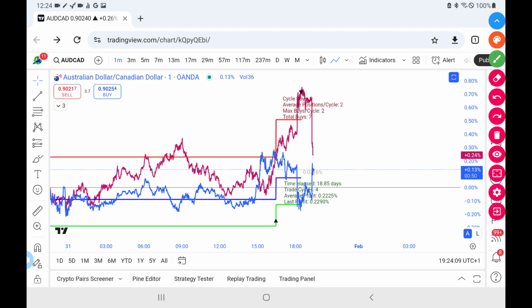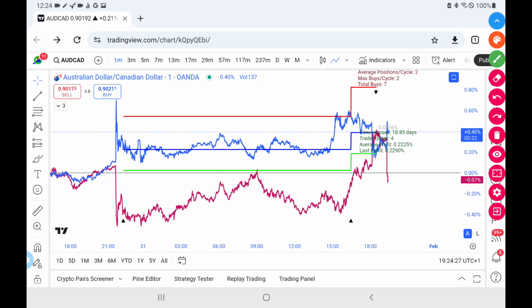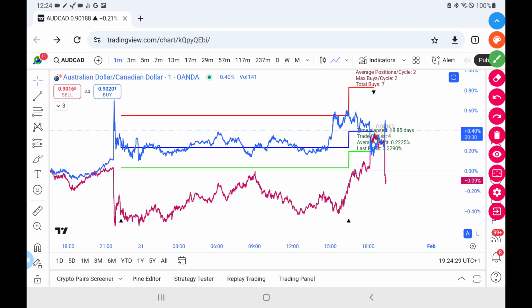So by using this technique of putting two pairs on one single chart, we can see how my strategy that I'm using on Australian dollar factors into Australian Canadian right now. And we can see the purchases and how well that actually plays out.